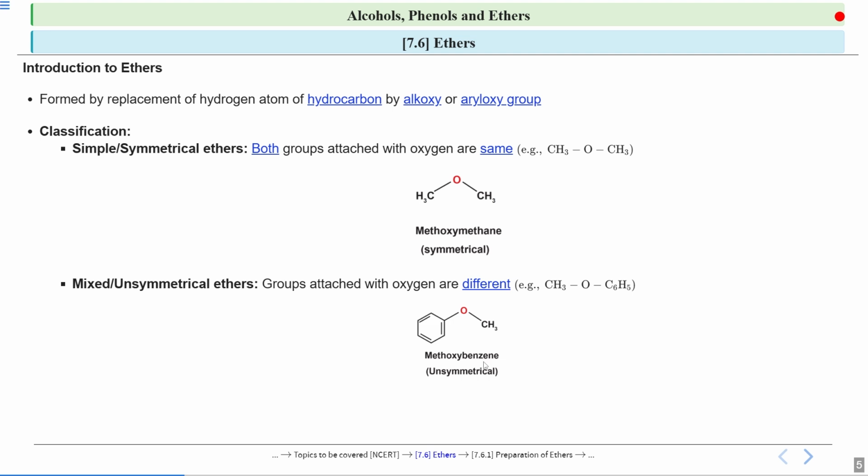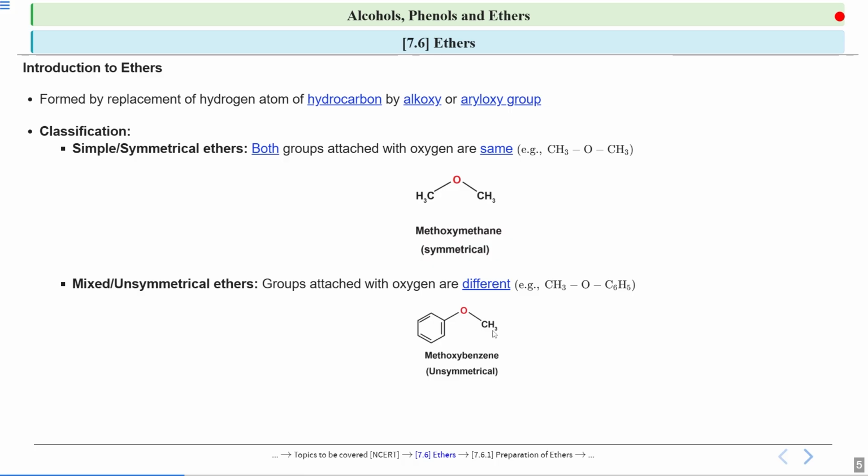Now, if I name this according to IUPAC nomenclature, I told you the one which has the longest carbon chain is your alkane. Here benzene has 6 carbon atoms. So this benzene part will be your alkane part. And then this O and R group will be your alkoxy part. Here it is 1 carbon atom only, so the root word will be meth.